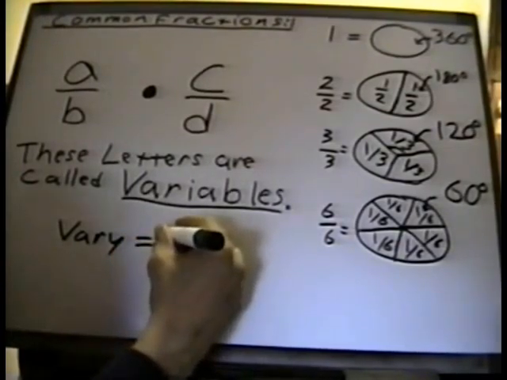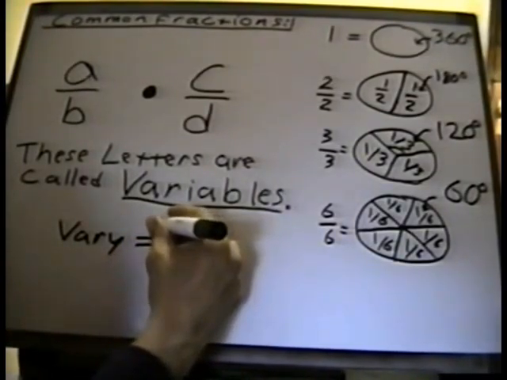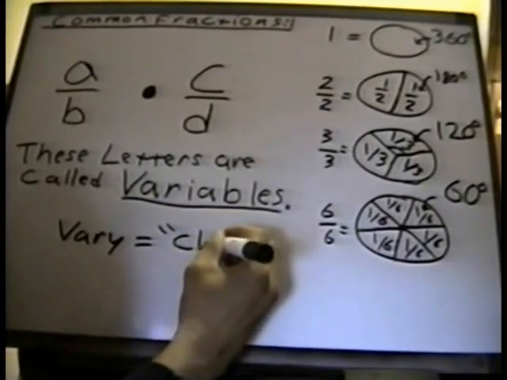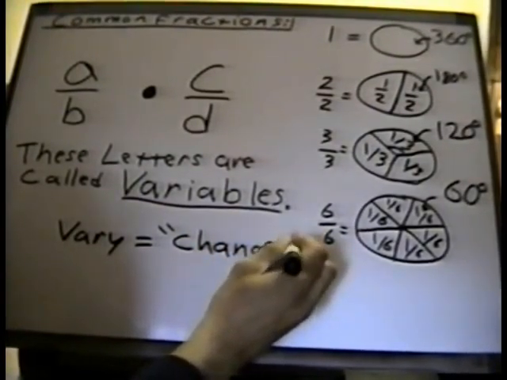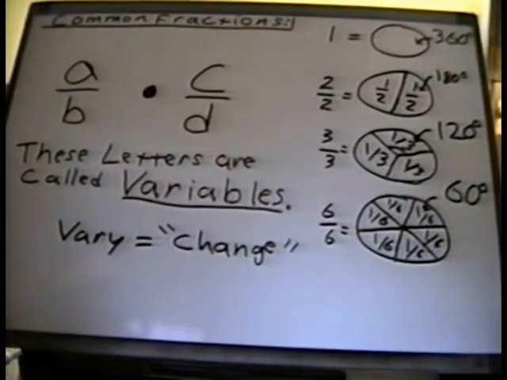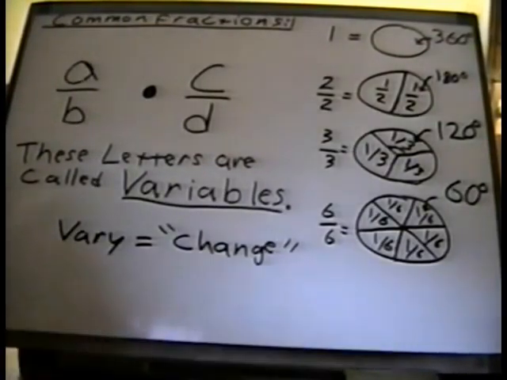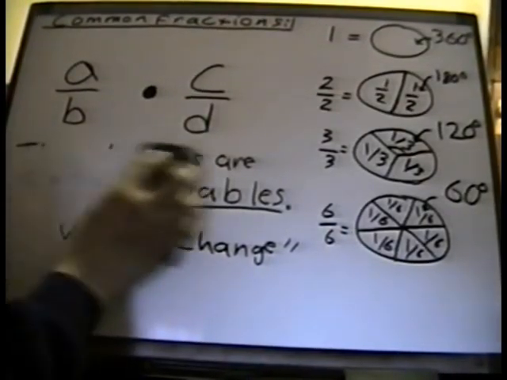To vary means change. Because they could change, we're saying these could change value. These could be used to represent any numbers. Okay? We use our letters to represent numbers.